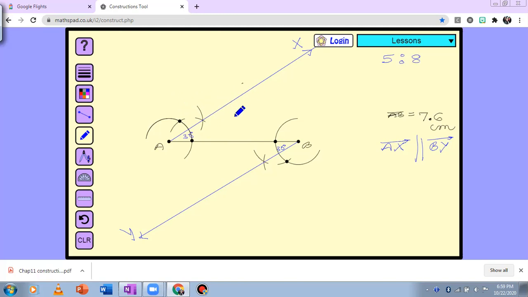It's like cutting off arcs at equal distances, and I'll be cutting off 5 arcs along AX and with the same radius. This is very important. With the same radius from B along BY, I'm going to divide or cut off arcs 8 times. Now this time I'm going to fix the radius.